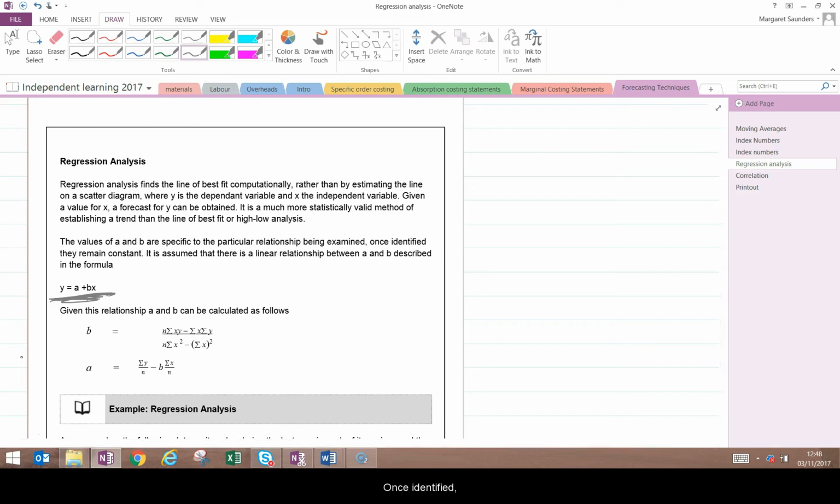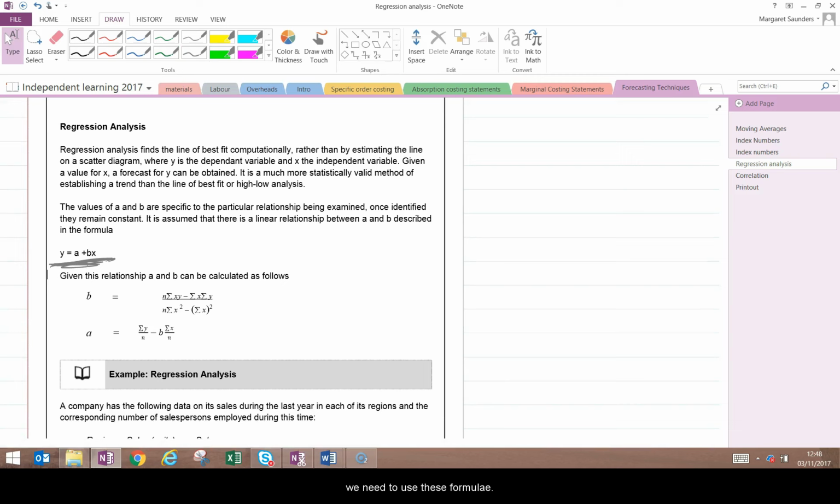Once identified, they remain constant, and it's assumed that there is a linear relationship. Hence, we have the formula y equals a plus bx. In order to calculate the values of a and b, we need to use these formulas.